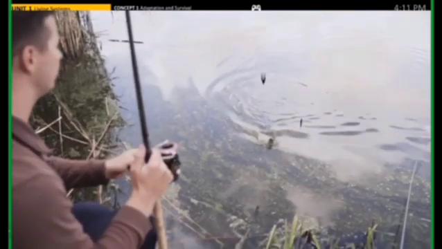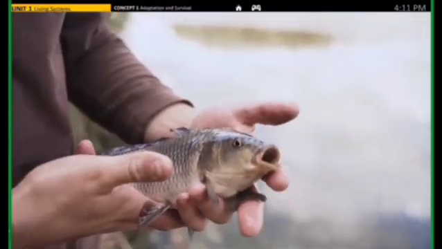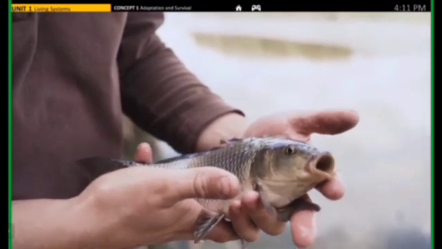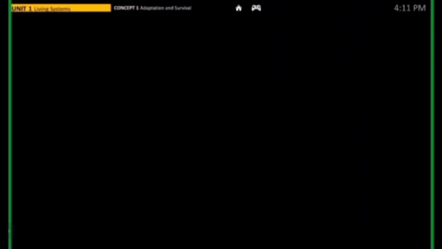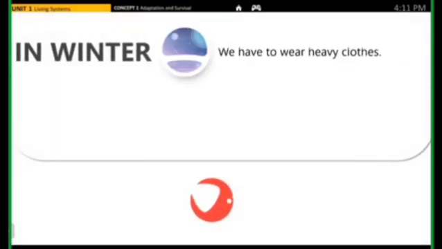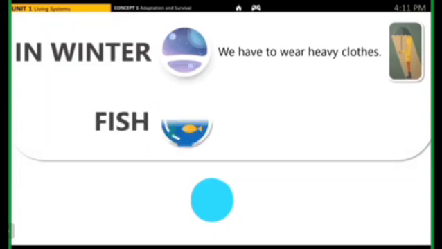Look at this. Fish outside the water will die.